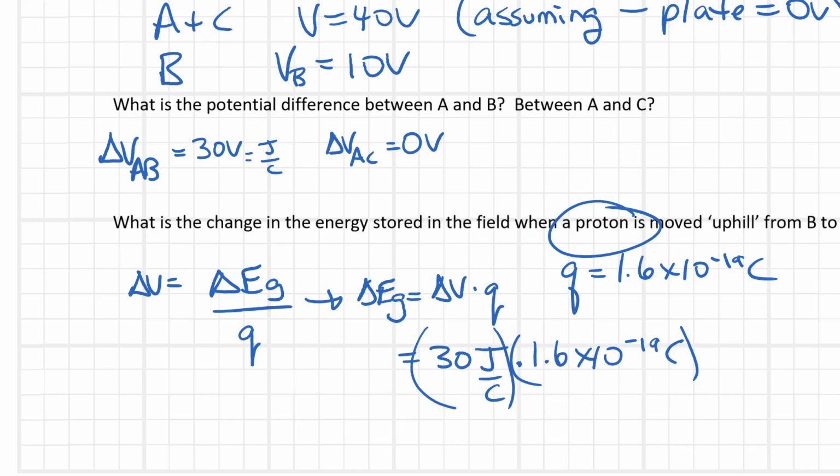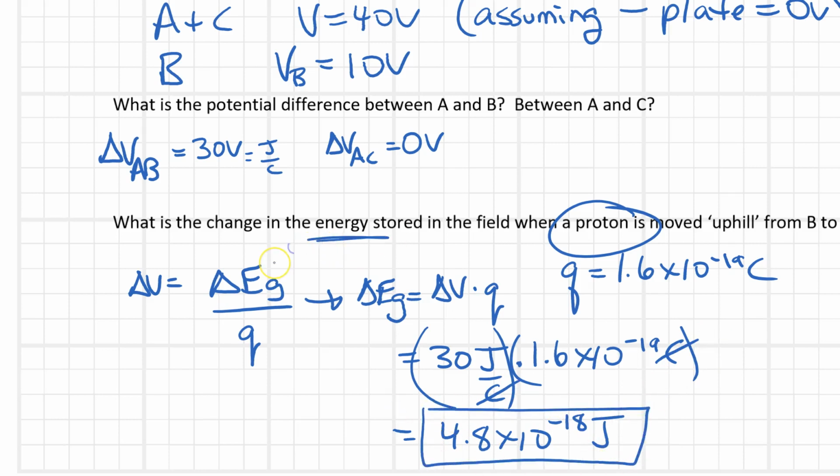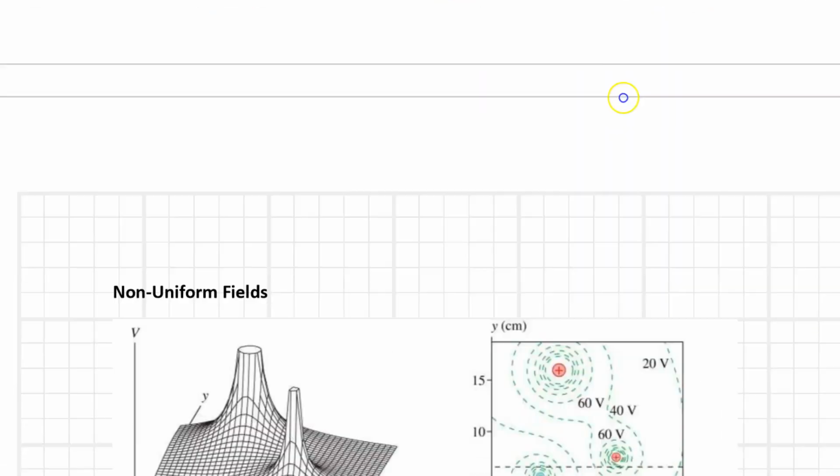We'll go like that so we don't get things mixed up. 3 times 1.6 is 4.8. So it's going to be 4.8 times 10, because it's 30, that negative 19 will become negative 18, and my units end up as joules, which sounds like a wonderful thing because we're talking about energy. Okay, I think we have a little bit more.